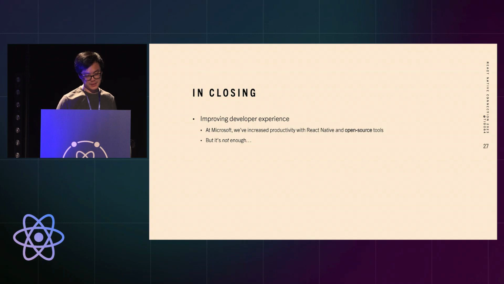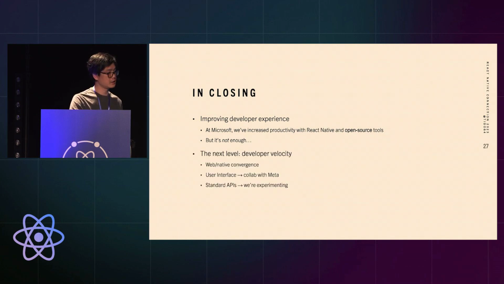So, we made a bunch of tools to improve the developer experience at Microsoft. Everything is open source, and we hope that you will also find this useful. And if you do try them out, we'd love to hear your feedback. However, this is not enough. We need to also increase developer velocity.